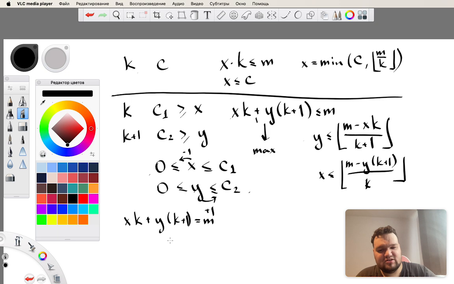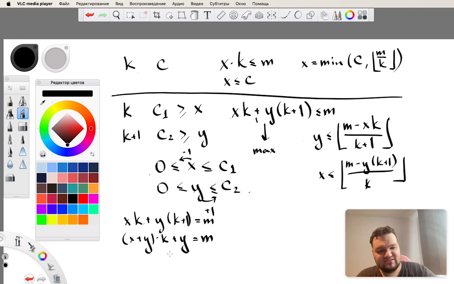Okay, how to do that? Let's try to rewrite it. We will open those brackets and group xk and yk together. So it will be x plus y times k, plus y equal to m. All right, so we want to choose x and y such that this is true.